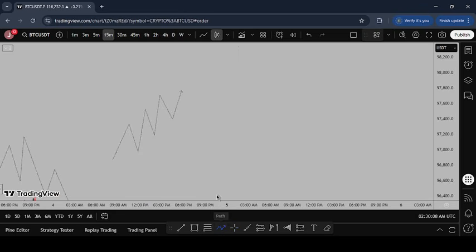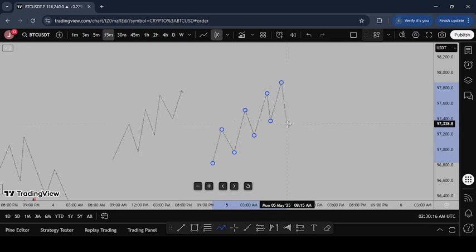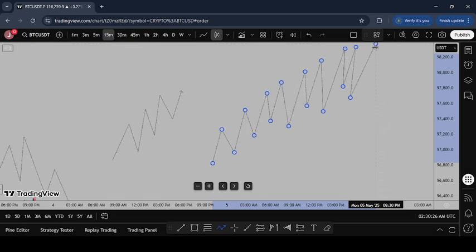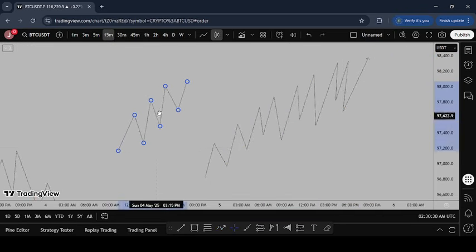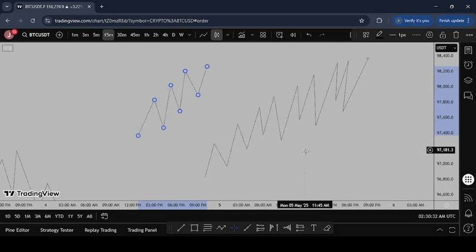But for SMC, we believe our structures should be like this: market creating a series of higher highs and higher lows and disrespecting some of them for a continuation, disrespecting some of them for a continuation, something like this. Not as perfect as this, but something really rough like this.